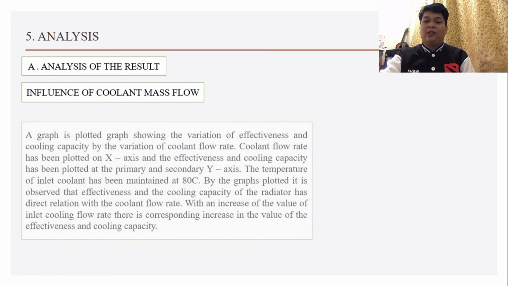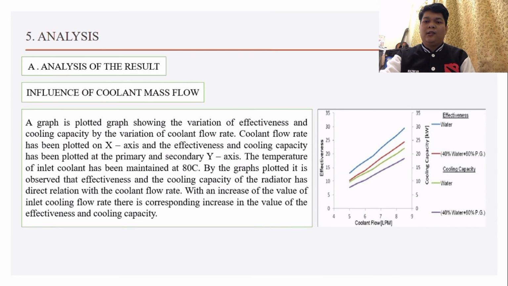Effect of coolant mass flow rate: a graph is plotted showing the variation of the effectiveness and cooling capacity with the variation of coolant flow rate. Coolant flow rate has been plotted on the x-axis and the effectiveness and cooling capacity have been plotted on the primary and secondary y-axis.